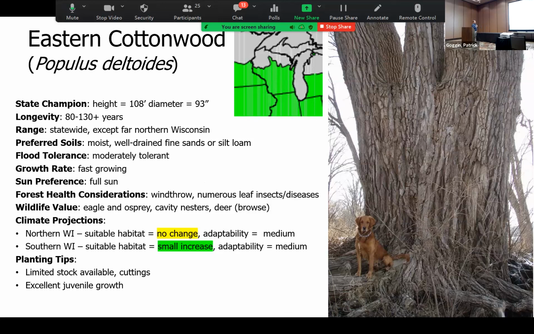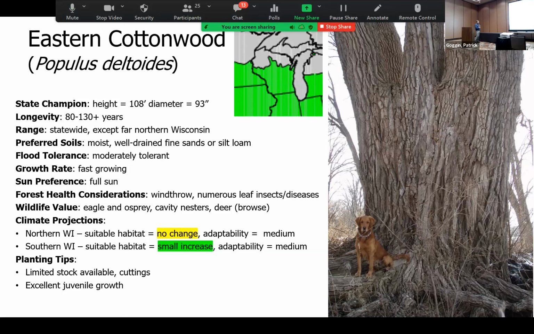Lots of down coarse woody debris. That's good for a lot of things. Along the Mississippi, you'll see cottonwoods oftentimes with preferred eagle nest trees just because of their size, height, and stature. From a climate perspective, it's projected to do quite well in a changing climate.